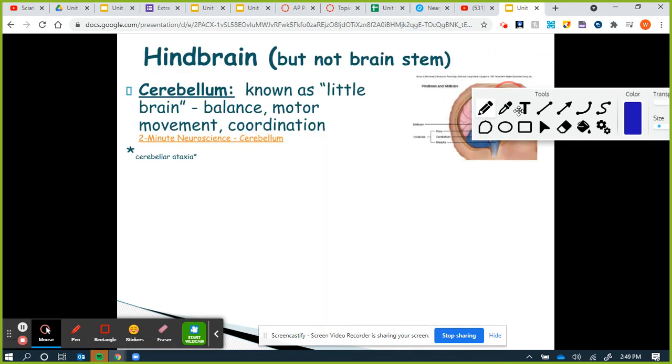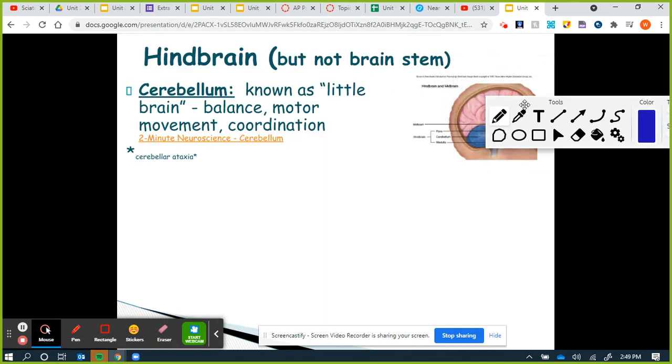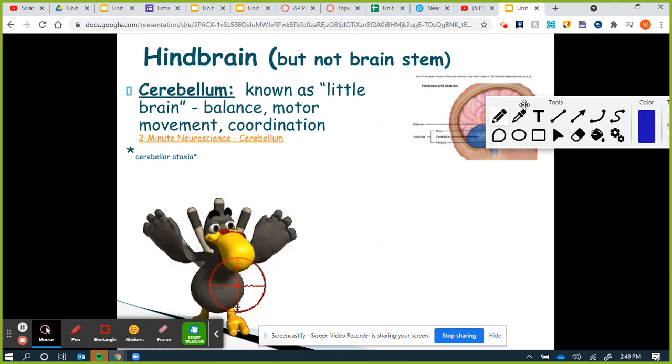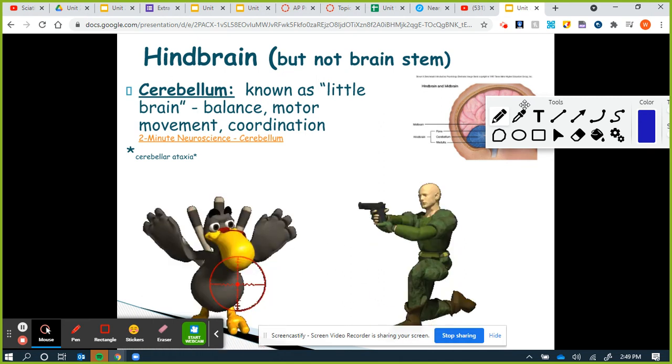All right, now, still in the hindbrain, but not in the brain stem anymore. Sitting behind the brain stem is the cerebellum. The cerebellum, it means little brain, sits back here.